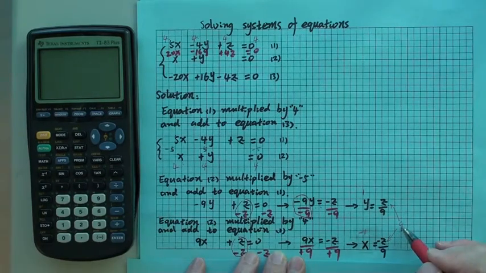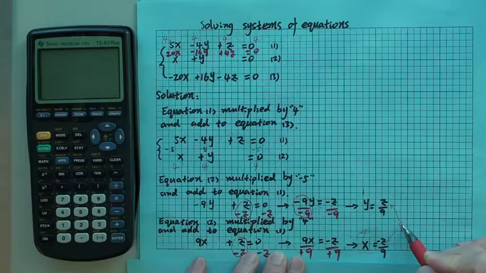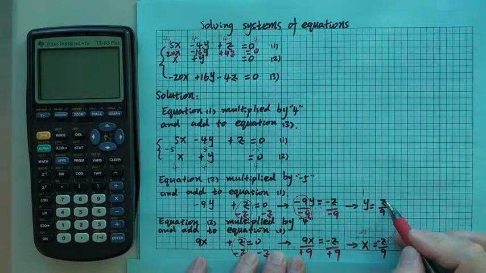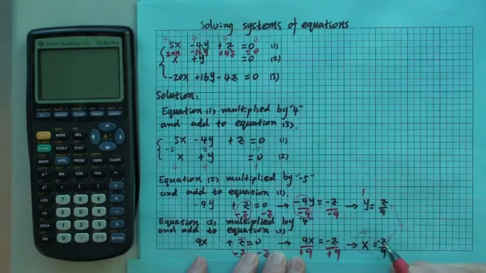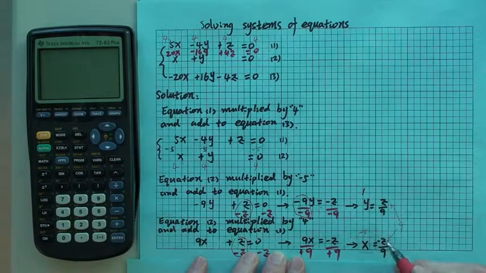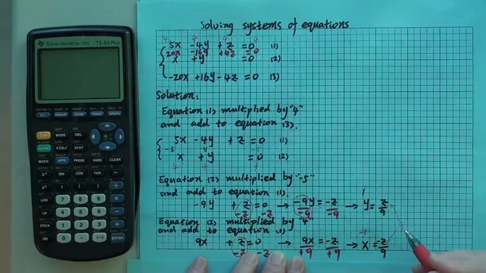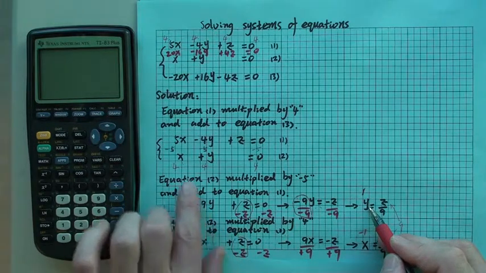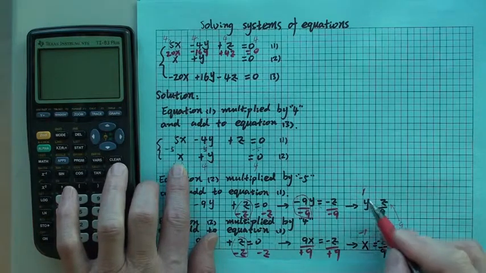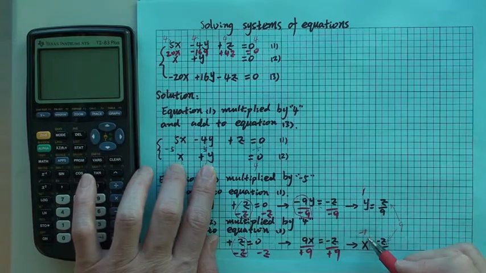Because z can choose many different values. For example, if z is 9, 9 divided by 9, we have a 1, and here there is a negative, so you have a negative 1. So when z is 9, x is negative 1, and y is 1. You see, if x is negative 1 and y is 1, then negative 1 plus 1 is 0.